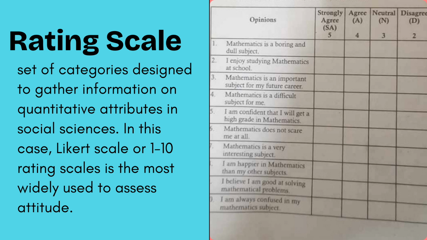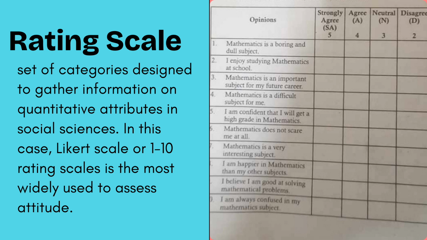Similarly, 1 to 10 rating scales are also used to assess attitudes or perceptions by asking respondents to rate their agreement, satisfaction, or other attributes on a numerical scale from 1 to 10. This scale allows for more granularity in responses compared to the traditional Likert scale.